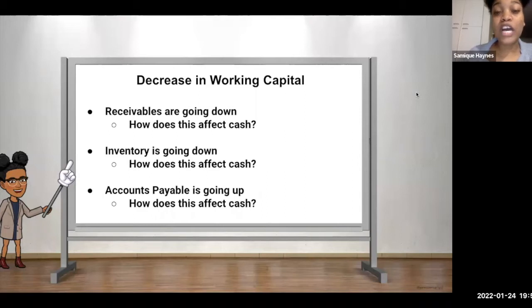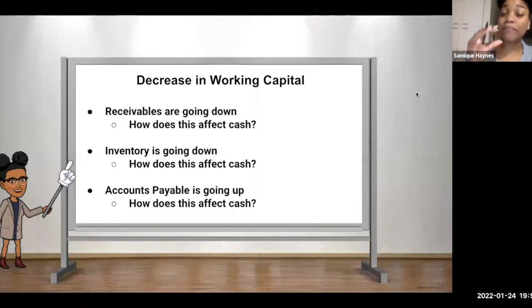Now let's move to the current liability. Remember, working capital is current assets less current liabilities. Accounts payable is going up. How does that affect our cash? Remember what accounts payable means. Accounts payable means we are owing people now. Accounts receivable, they owe us. Accounts payable, we owe them.